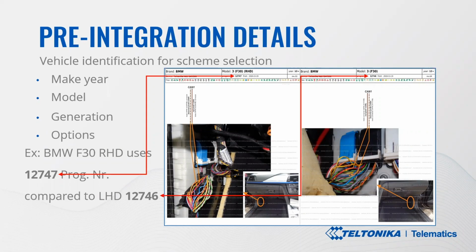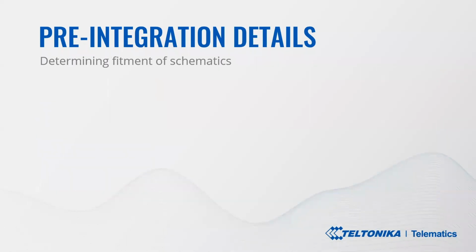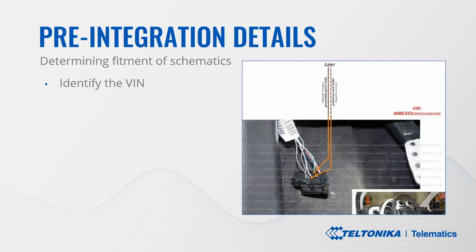An alternative way to determine fitting schematics is to follow the VIN code. At this part, we can shortly describe how to determine the model and make year precisely. As a starter, if you know the vehicle VIN number, you can look in our schematics, and some of the schematics will contain information which distinctly matches the specific vehicle model.